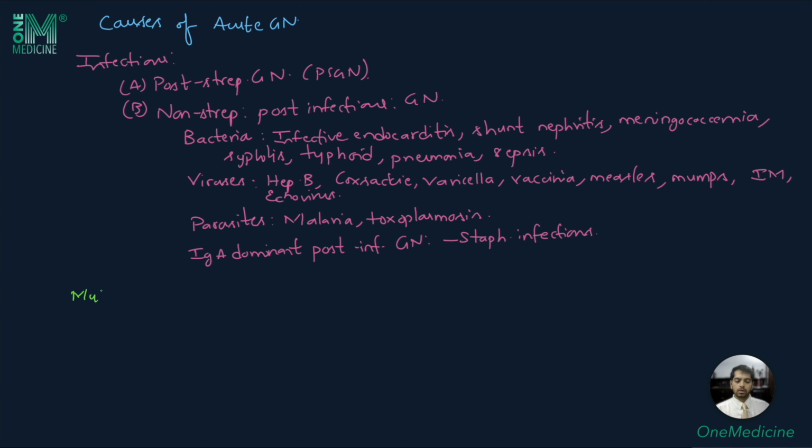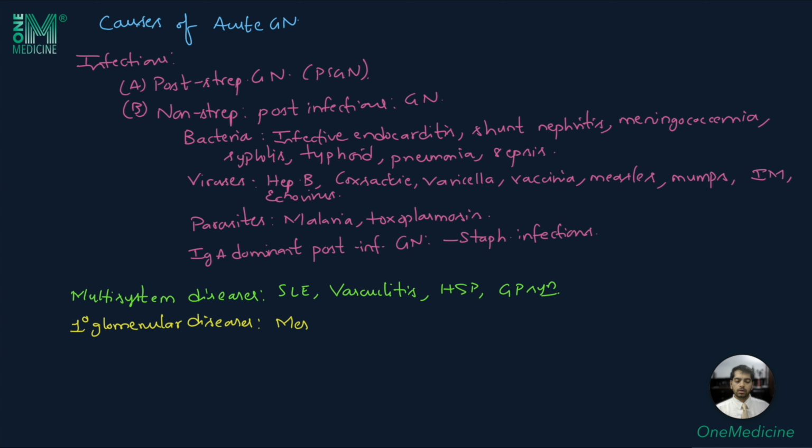The second important cause is multi-system diseases. These include SLE, systemic lupus erythematosus, vasculitis, Henoch-Schönlein purpura, and even Goodpasture syndrome. Primary glomerular diseases include mesangiocapillary glomerulonephritis, IgA nephropathy, also called Buerger's disease, and even mesangial-proliferative glomerulonephritis.